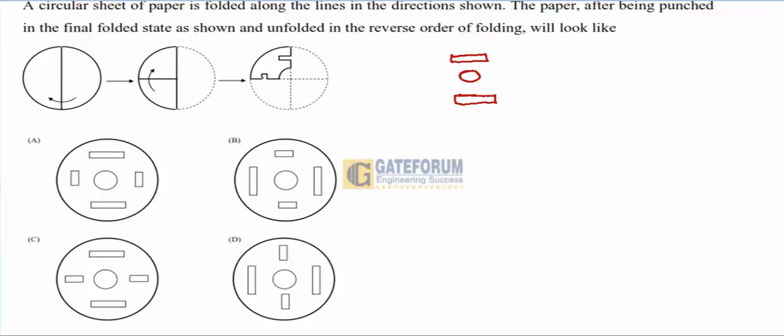Now this is a relatively smaller cut. So this smaller cut will be present like this here. And because this will unfold like this also, the smaller cut will also be present here. So the final paper on being unfolded would look somewhat like this. And the option which matches that is A. So obviously A will be the correct answer to this question.